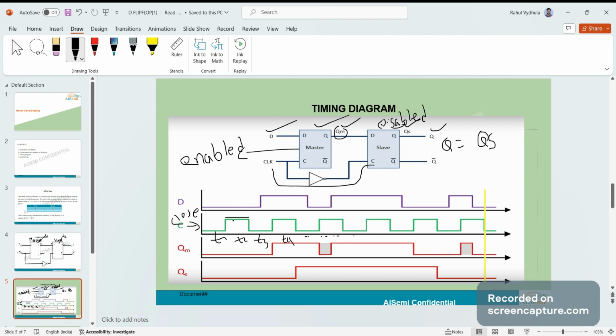When a D latch is enabled, that means it is in the enable condition, its Q output will follow the D input.